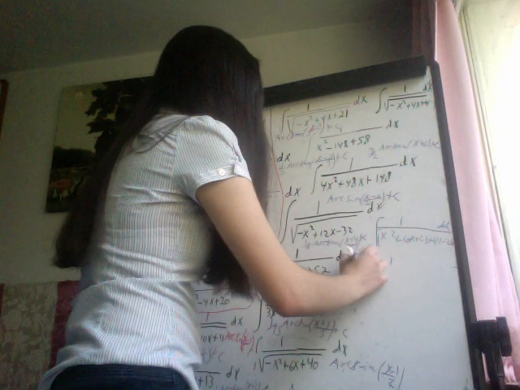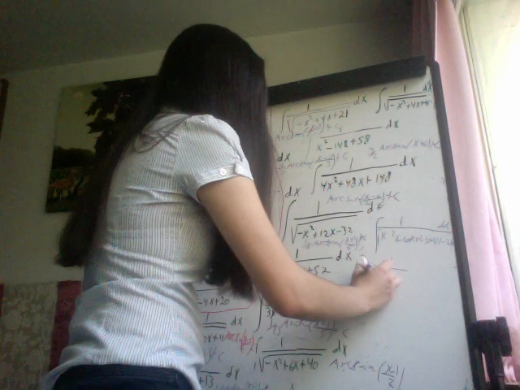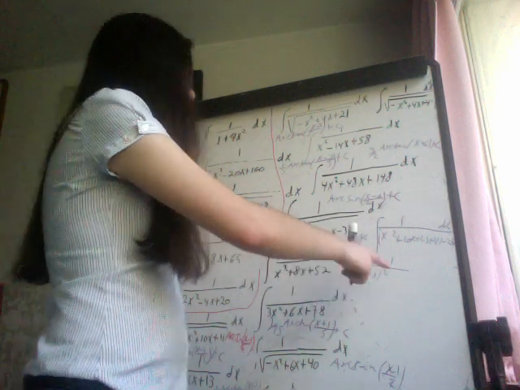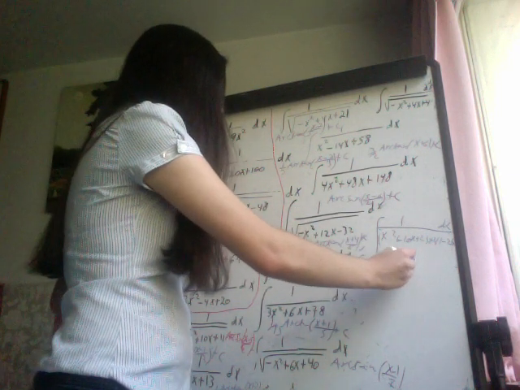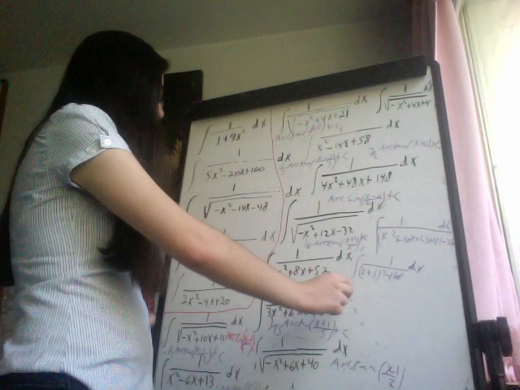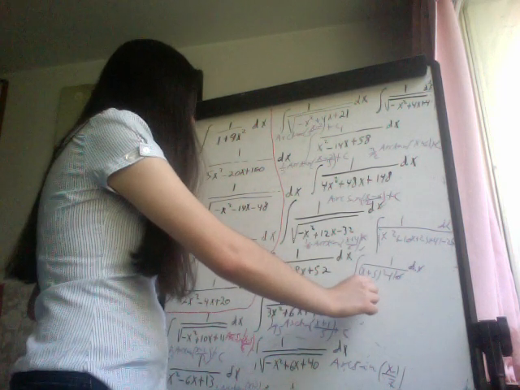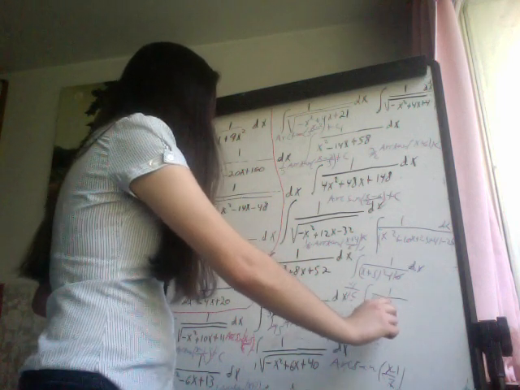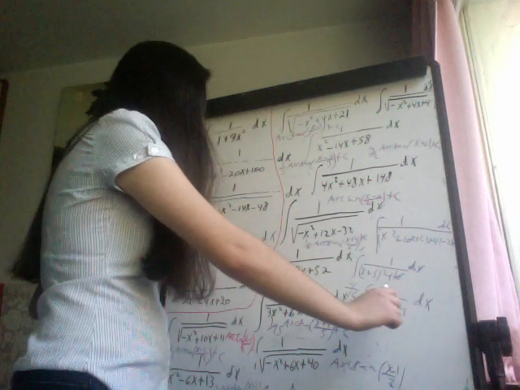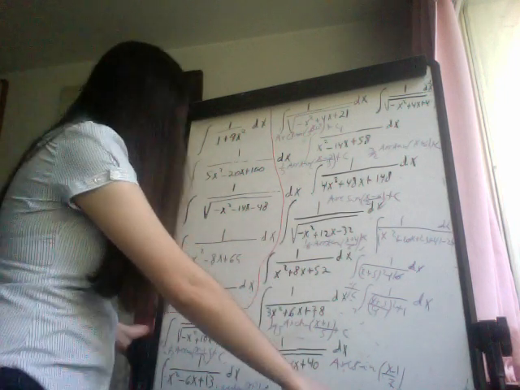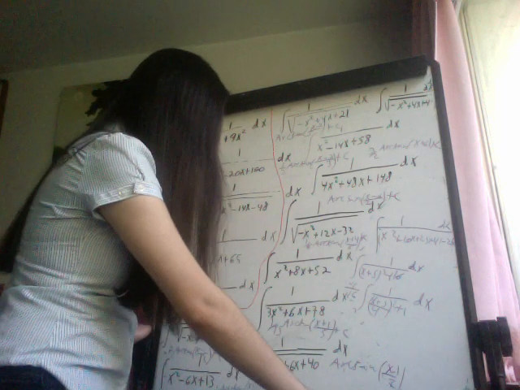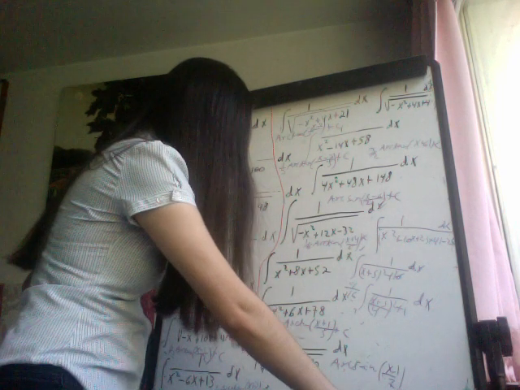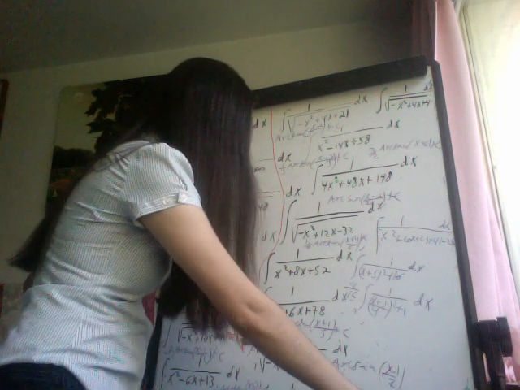The integral of 1 over (x plus 5) squared, 41 minus 25 is 16, plus 16 dx. So divide everything by 16. 1/16 times the integral of 1 over ((x plus 5) divided by 4) all this squared plus 1 times dx. So this would be 1/4 times the arctangent of (x plus 5) divided by 4 plus c.